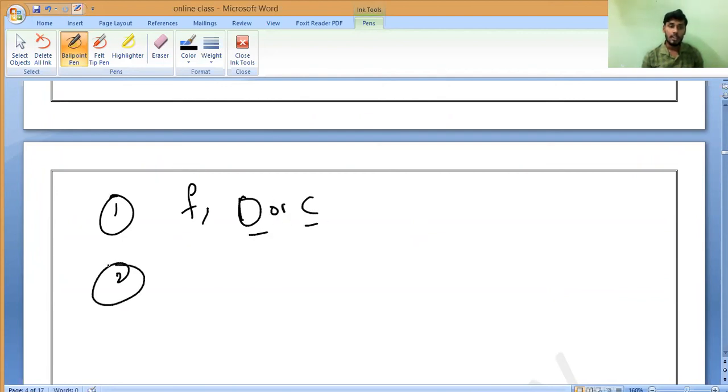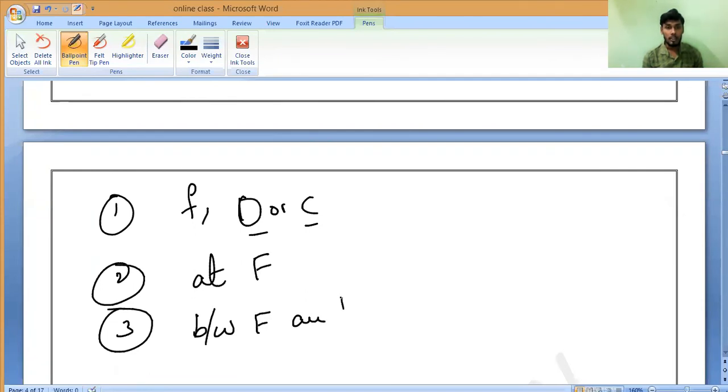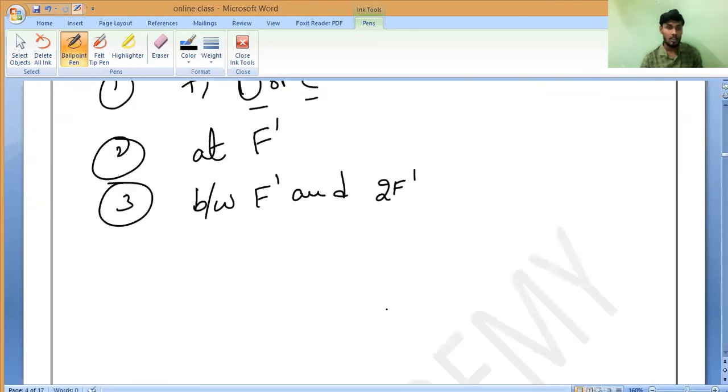Yes, sir. Second case, at F. Next, third case, between F and 2F. Here F dash and C, here F dash and 2F dash. That is what you should remember.